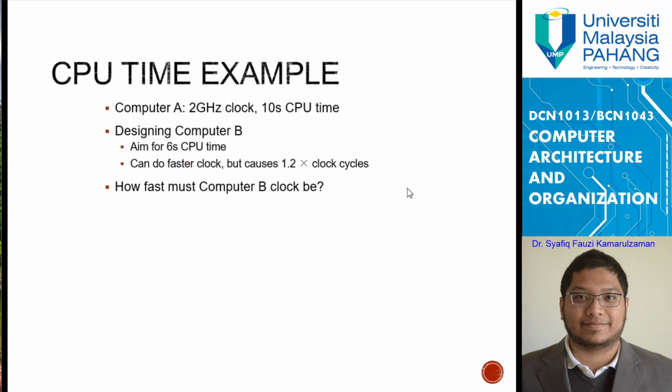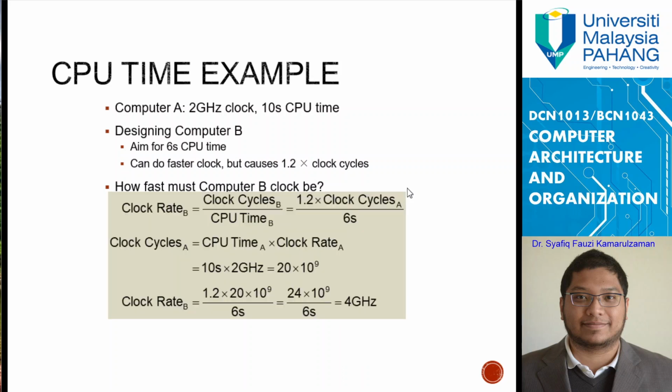Clock B, this one is the clock rate. So clock rate B is equal to clock cycles B divided by CPU time B. Here we have 1.2 times clock cycles A, because we want the number of clock cycles involved, which is 1.2 times the clock cycles from A, divided by 6 seconds.